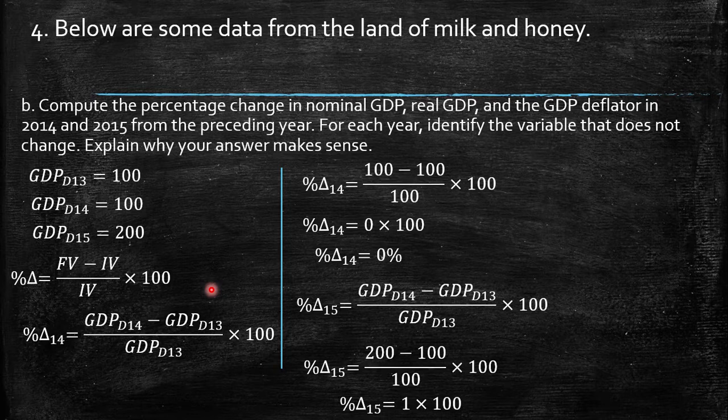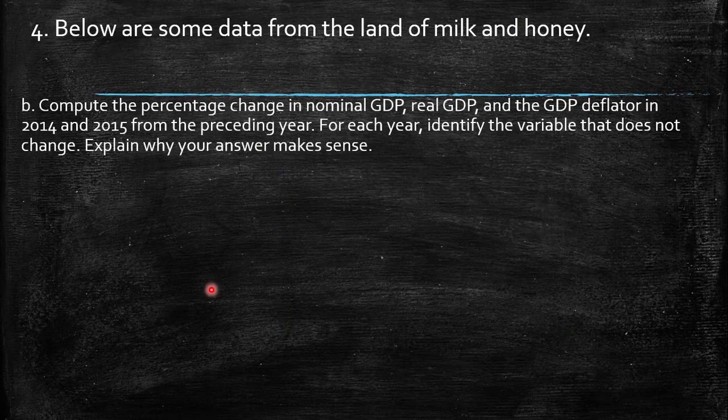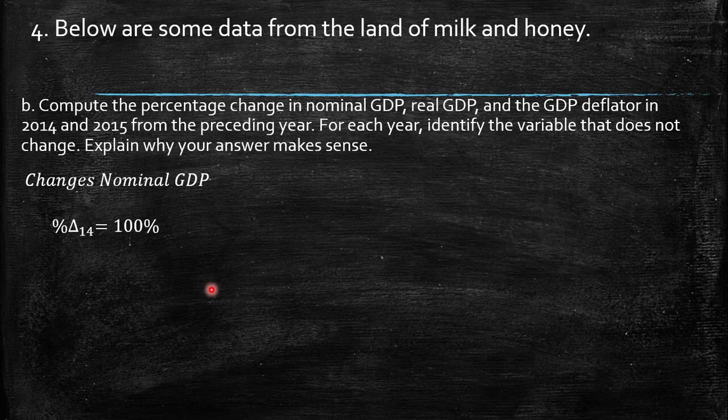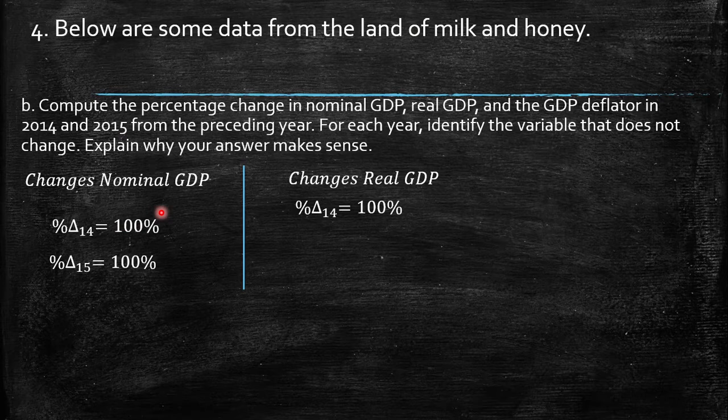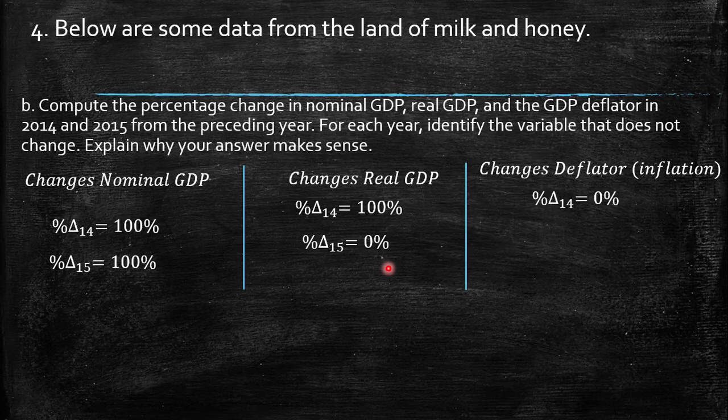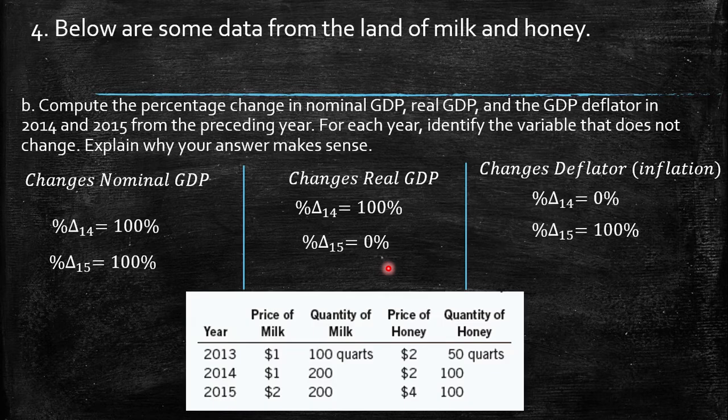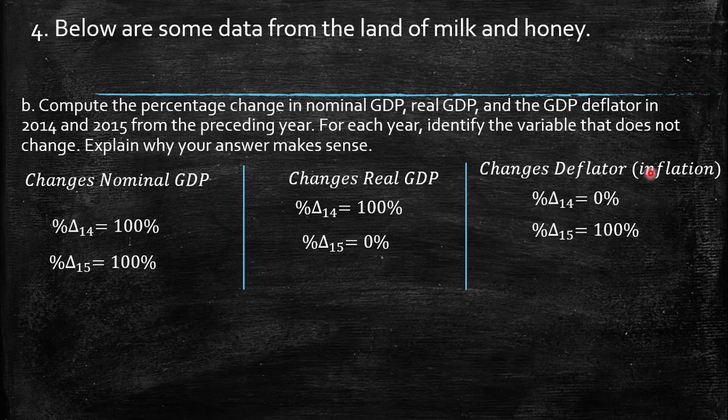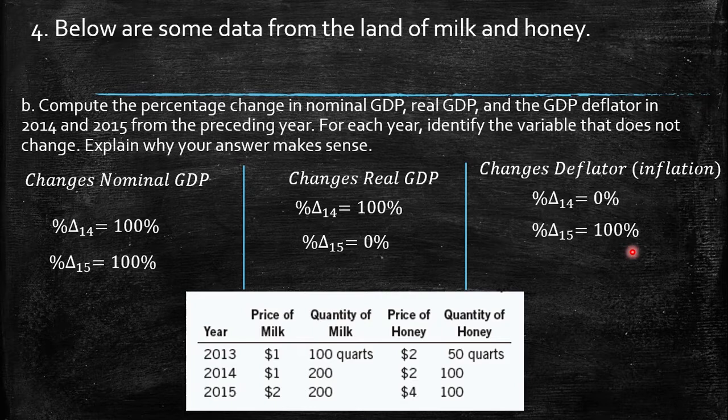And then for 2015, so we have 100%. Then let's summarize. We have an increase for the nominal GDP of 100% each year, and for the real GDP we have an increase for 2014 and 0% for 2015, and for the deflator we have 0% and 100%.